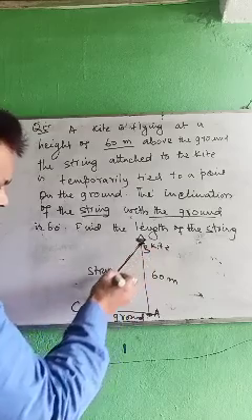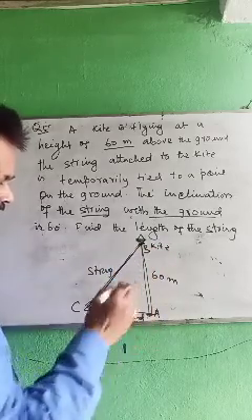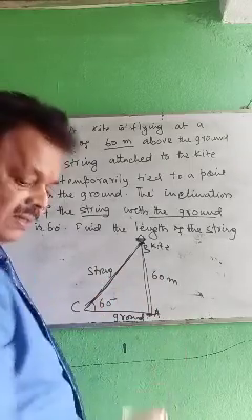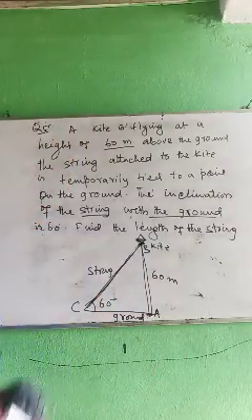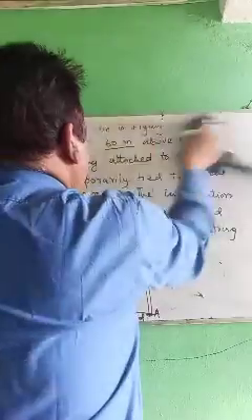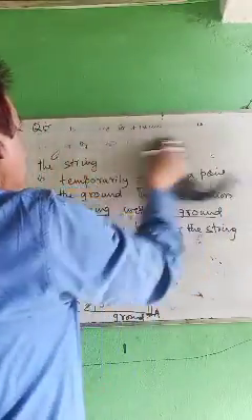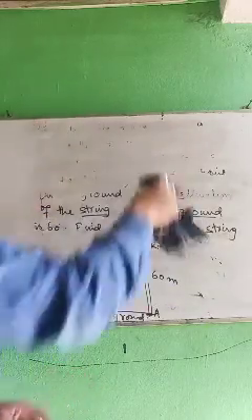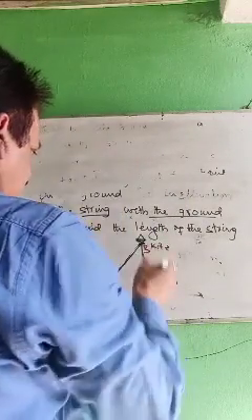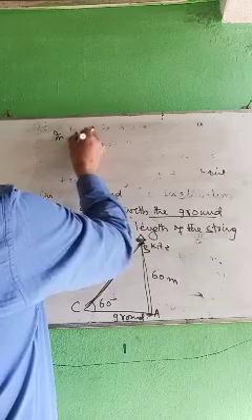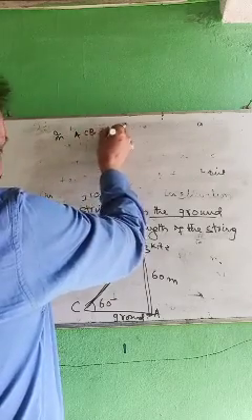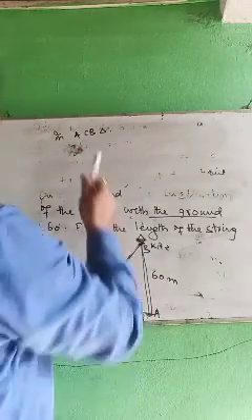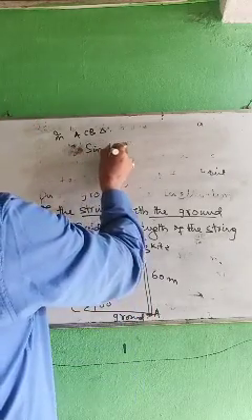So, hypotenuse and perpendicular. Which formula? You can take in triangle ACB, perpendicular and hypotenuse.